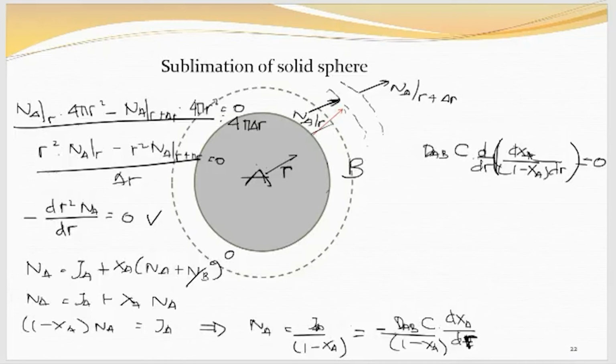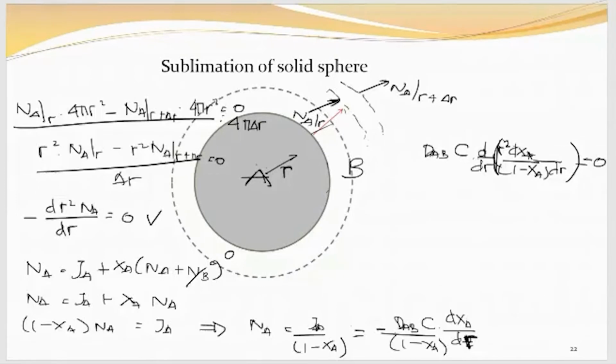Do I miss something? Miss dr square. Oh yeah, r square is missing. Yeah, correct, r square here, right? D over dr of r square, yes, I think so. It's good now.